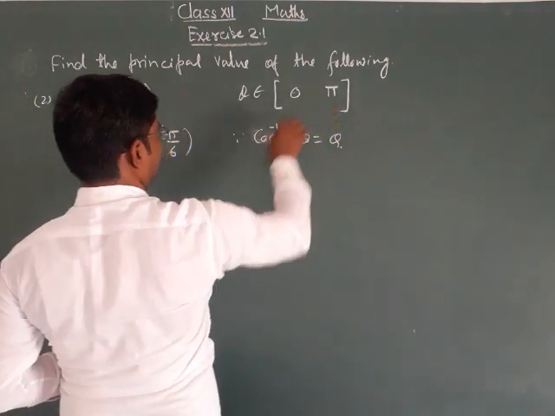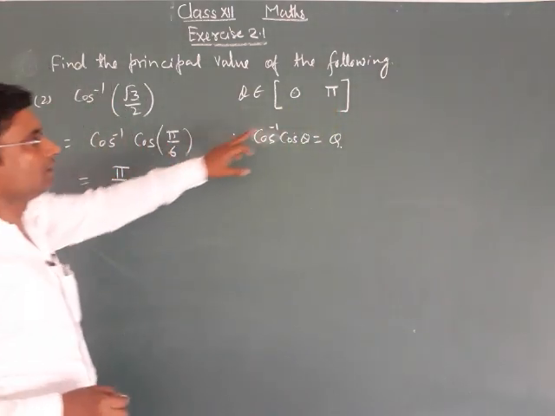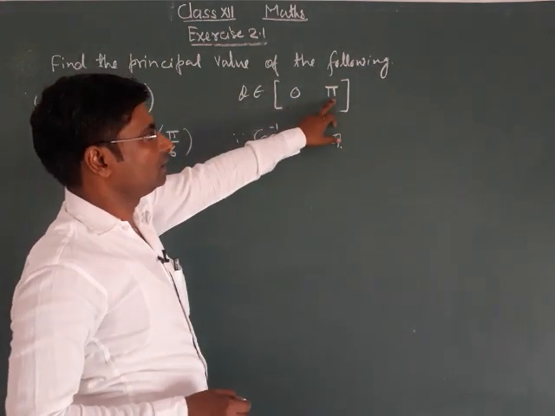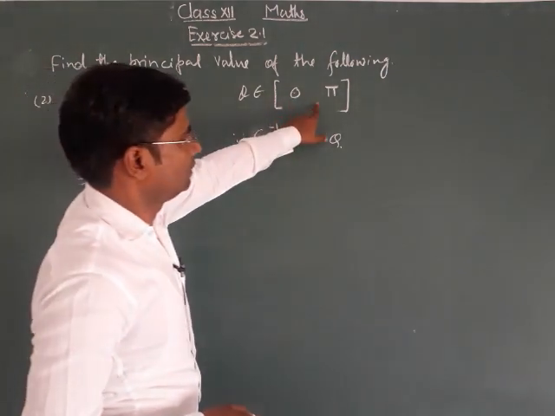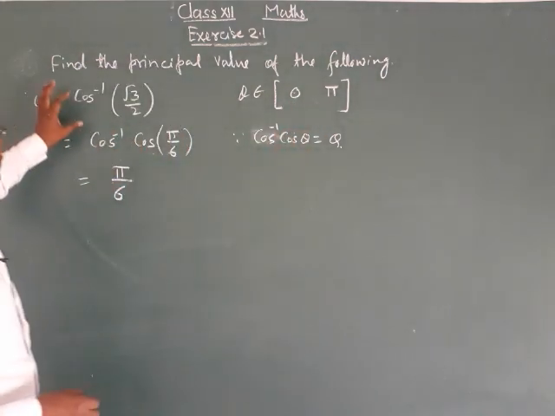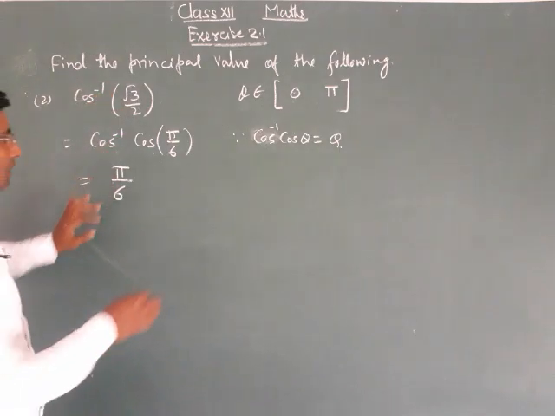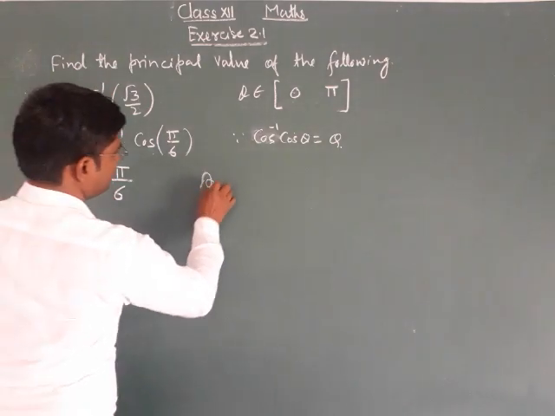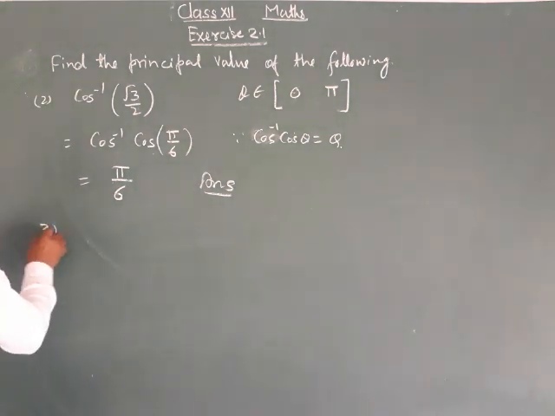Pi by 6 means 30 degrees, so between 0 and 180 it lies between them. So the principal value of cos inverse root 3 by 2 is equal to pi by 6. This is the answer.